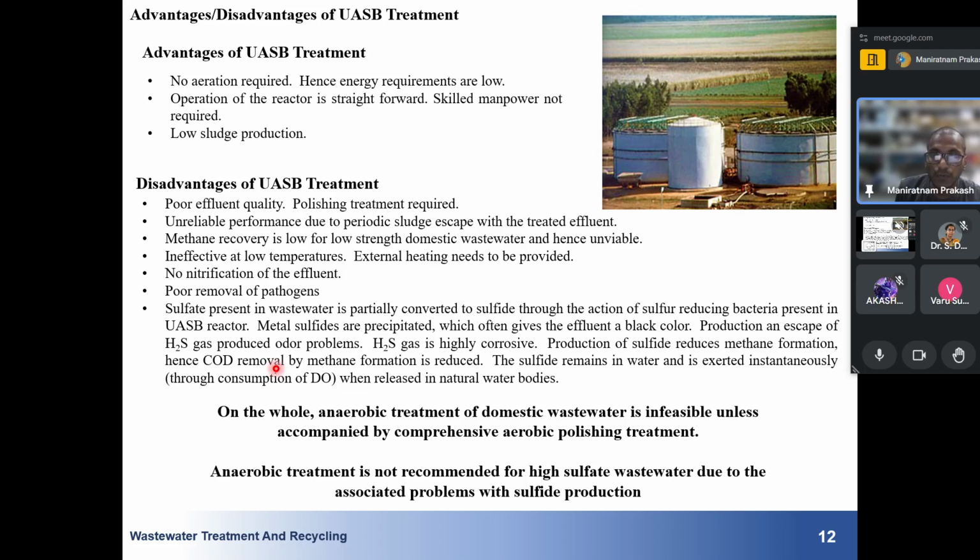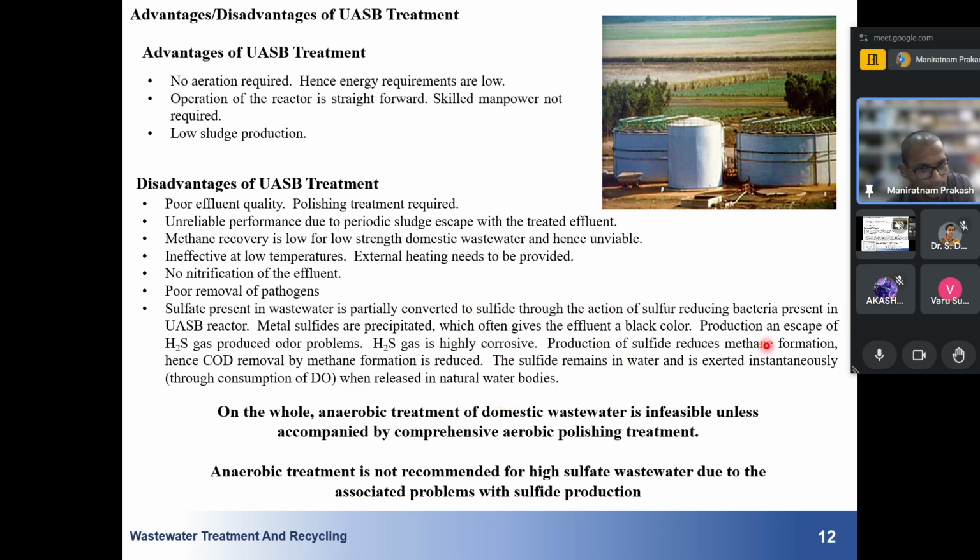Hence, the COD removal by methane formation is reduced. Our main objective, to collect methane and produce energy, won't be fulfilled. The sulfide remains in water and is toxic instantaneously when released into natural water bodies. So I hope these are the two or three problems.